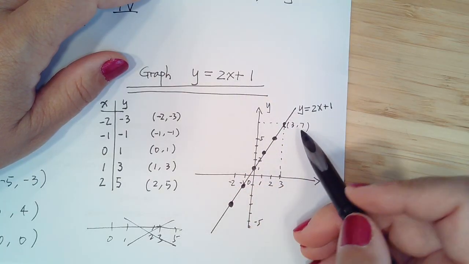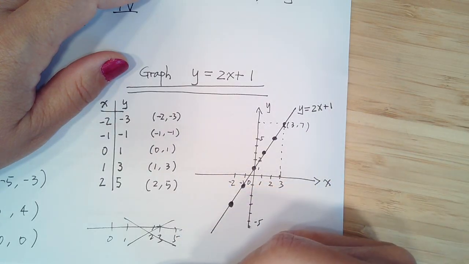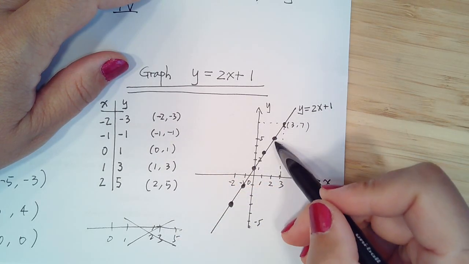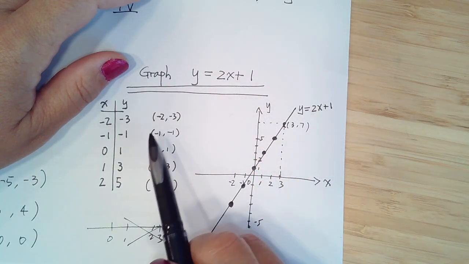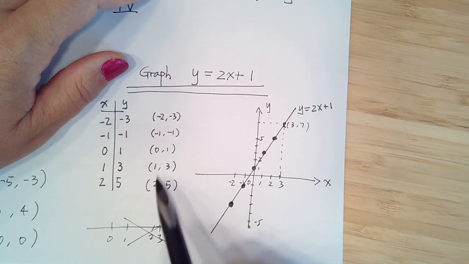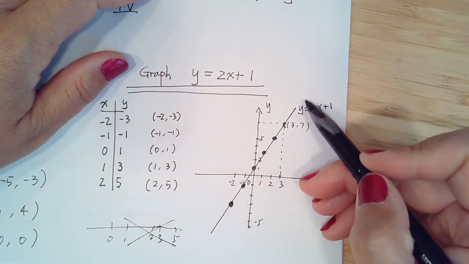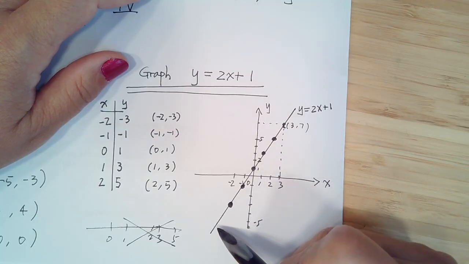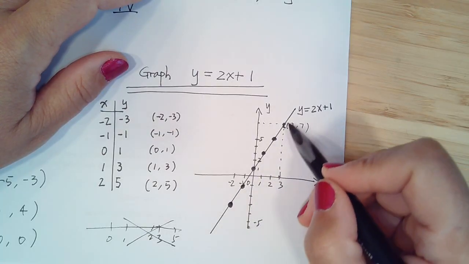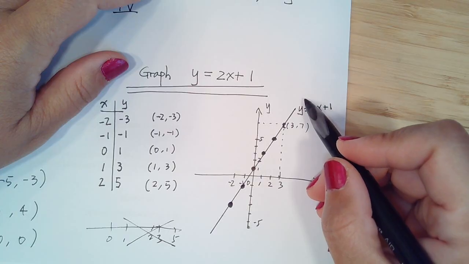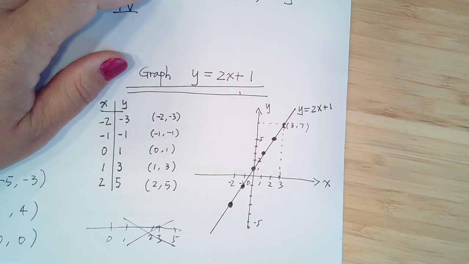So even though I didn't list all the possible x values, which is impossible, I just pick some x values and plug them in to get y, then I get several paired numbers, I plot them, I see the pattern, and I can draw the graph. And any point on this straight line, this is an important concept, their x, y coordinates will satisfy this equation. So that's how you graph an equation.